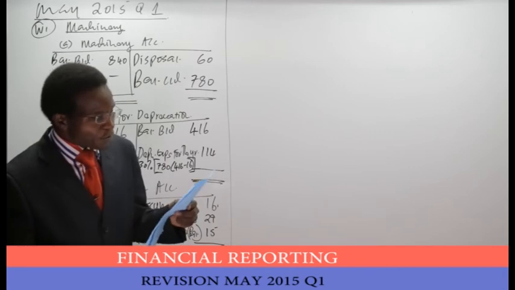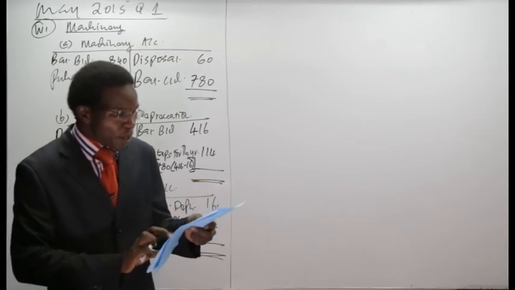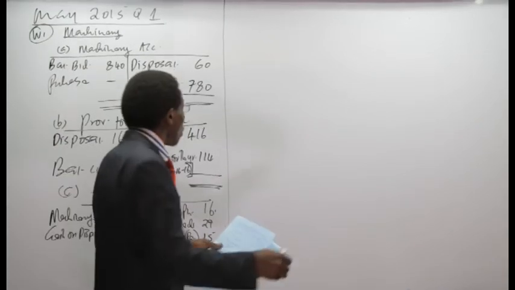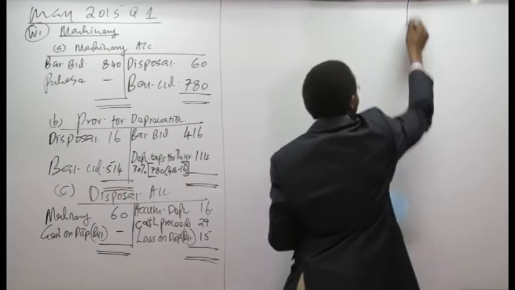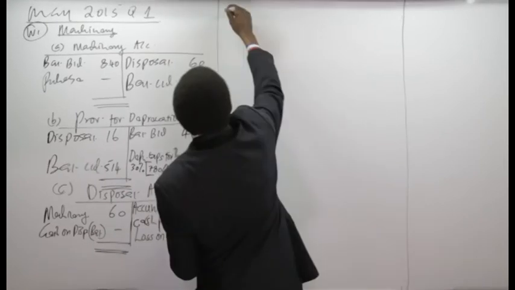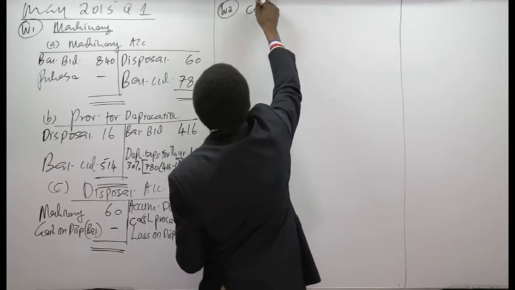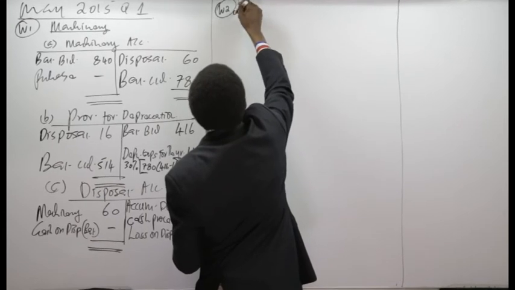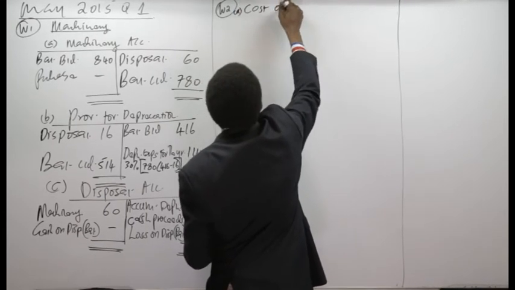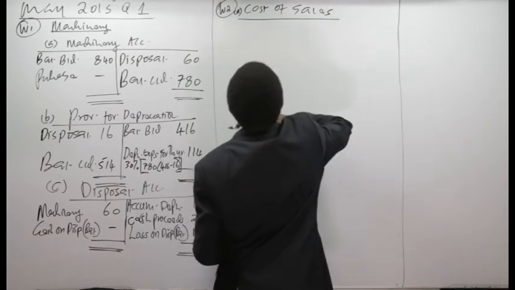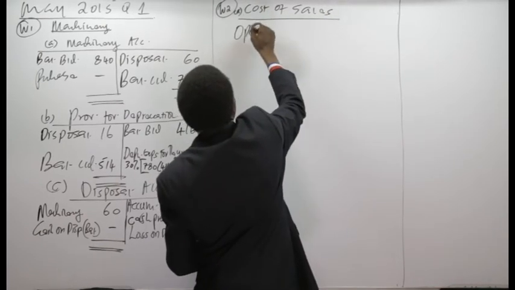Now, where do we start from? We want to start from recognizing the cost of sales. We need to compute the cost of sales. So we come and do another working here. Working number 2, now this is cost of sales. So we start with the opening stock.